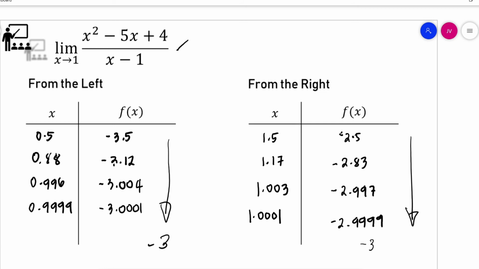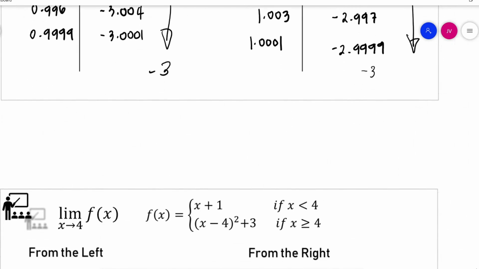So ibig sabihin lang nito, this is equal to negative 3. So the limit of our function x squared minus 5x plus 4 all over x minus 1 as x approaches 1 is equal to negative 3. So that is the limit of our function.